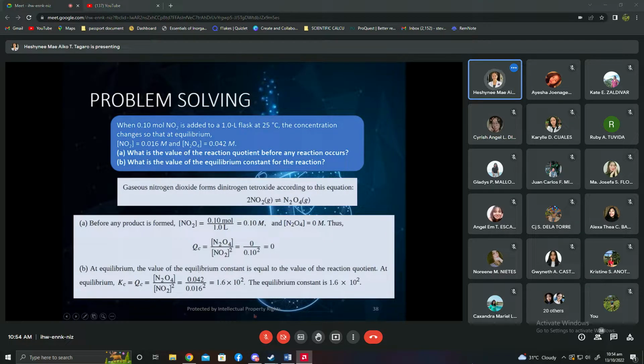So this is the Qc at equilibrium for the reaction of NO2 to give N2O4. Take note, no unit. That's it.